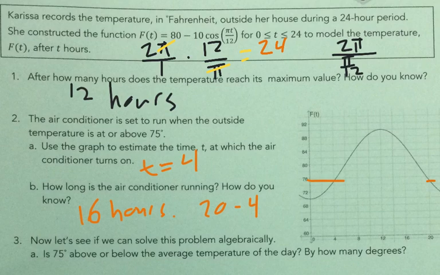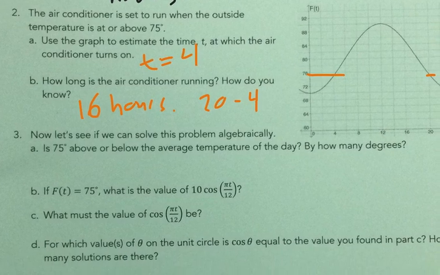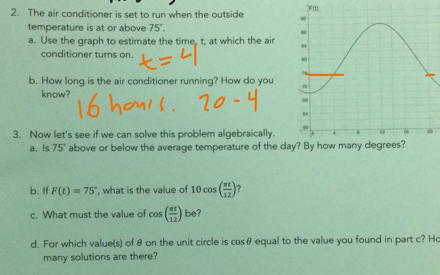But now let's see if we can solve this problem algebraically. It says A, is 75 degrees above or below the average temp of the day, by how many degrees? So what would be the average temperature of the day? 80. How do you know?